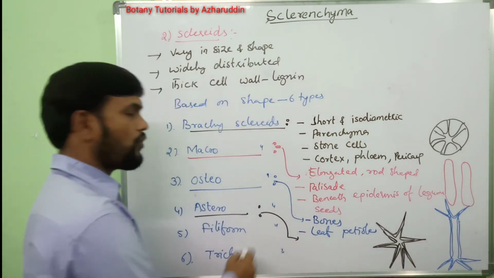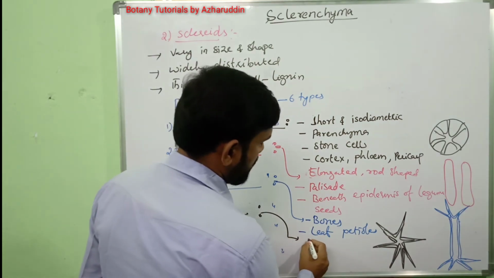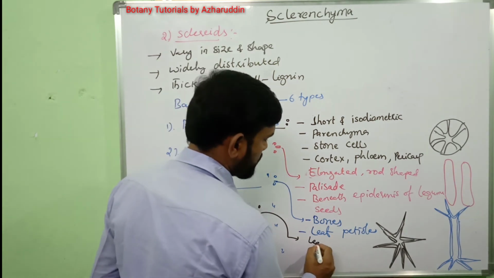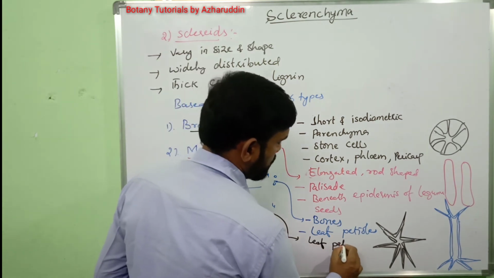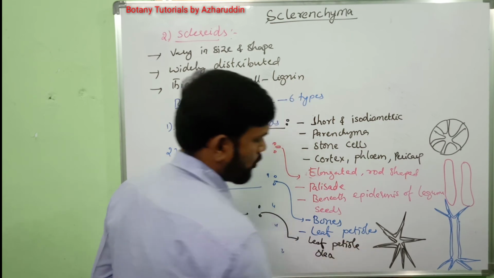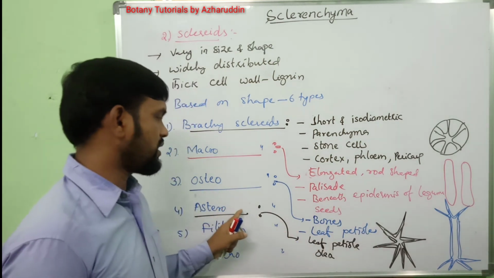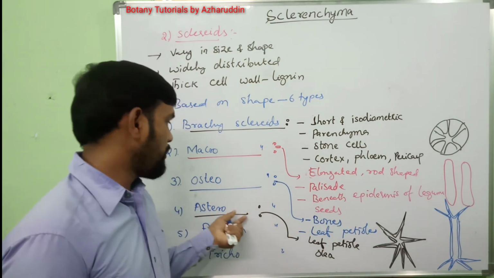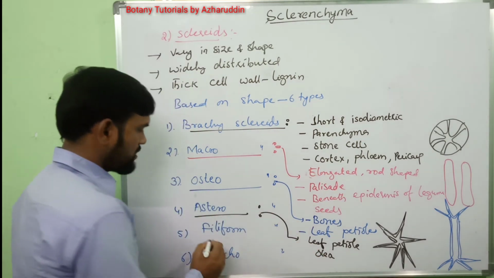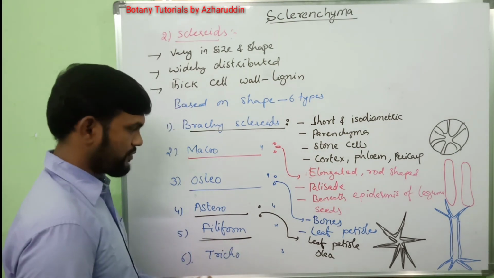They are found in leaf margins and leaf petioles. Example, Olea leaf petioles have asterosclereids, and they are also found in petioles of water lily.